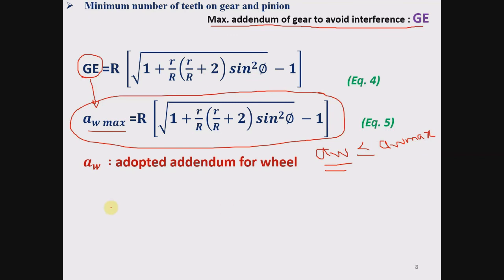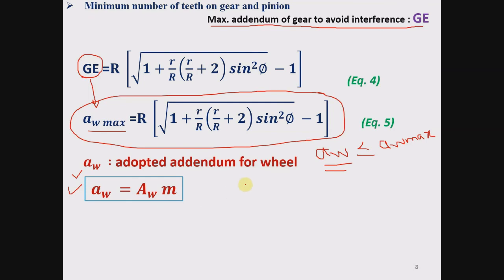So write down, let AW be the adopted addendum for wheel which you are going to select for your gear. Now what I said, this selected value of addendum of wheel must be less than, before that, let me show you how addendum is expressed. So you need to write down this AW equals to capital AW times the module.